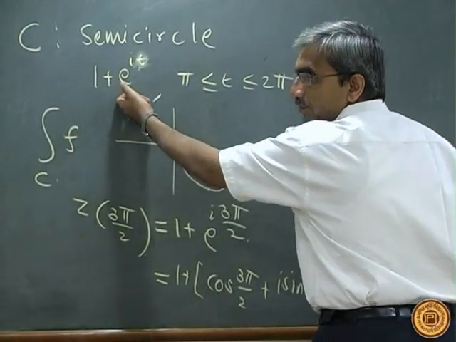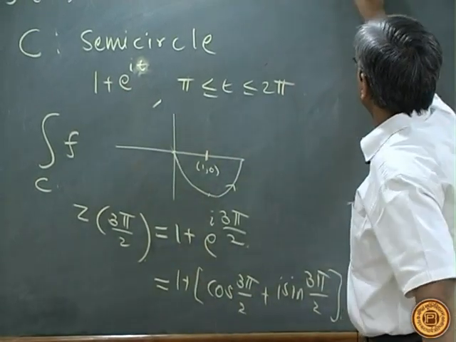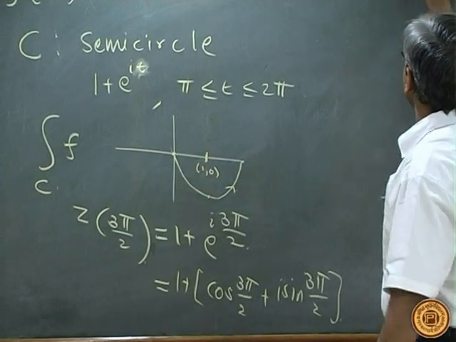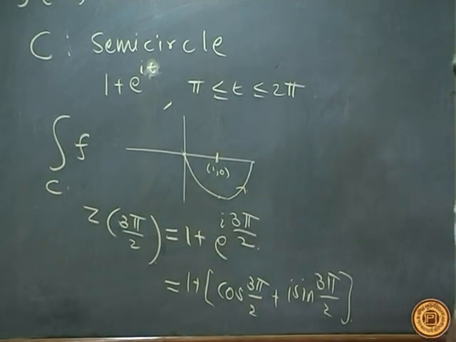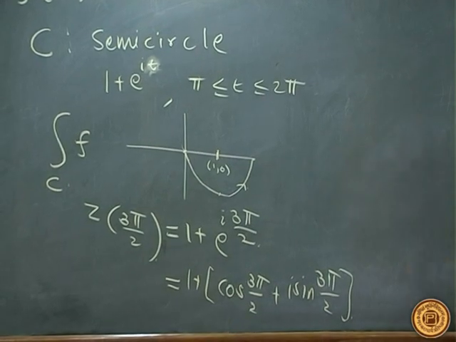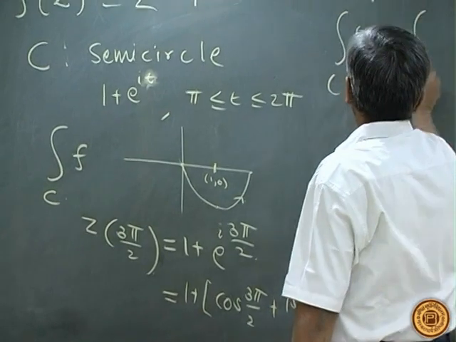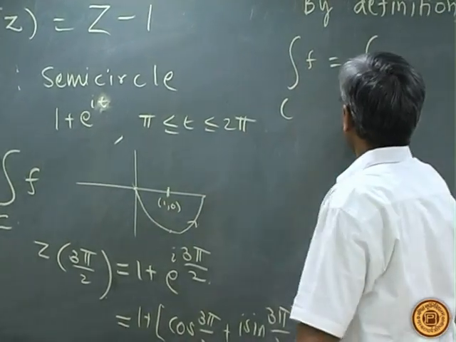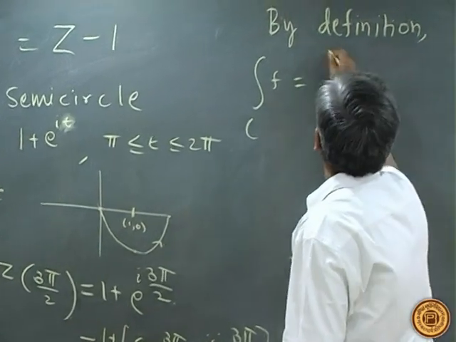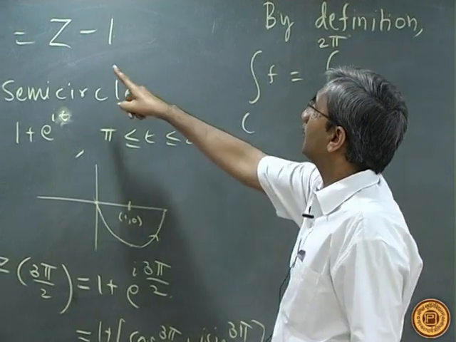So z(t) is given by 1 plus e raised to it. So by definition, the integral of f over c is the integral over the parameter interval, that is pi to 2 pi, of f of z(t).